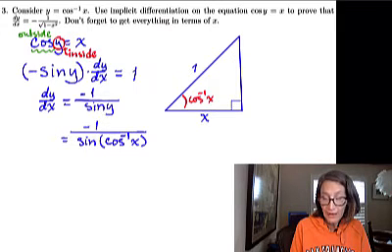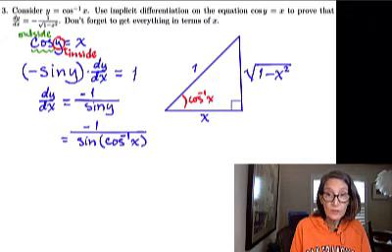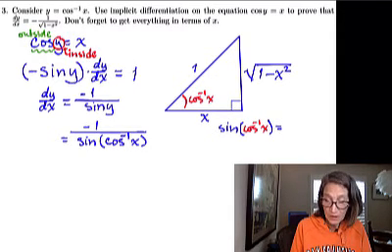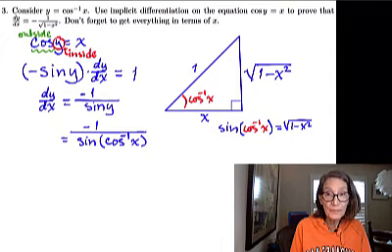Now using the Pythagorean theorem, we can get the third side of that right triangle. It's the square root of 1 minus x squared. And this allows us to write down the sine of that angle. So the sine of the arc cosine of x is opposite over hypotenuse, so it's going to be square root of 1 minus x squared over 1.